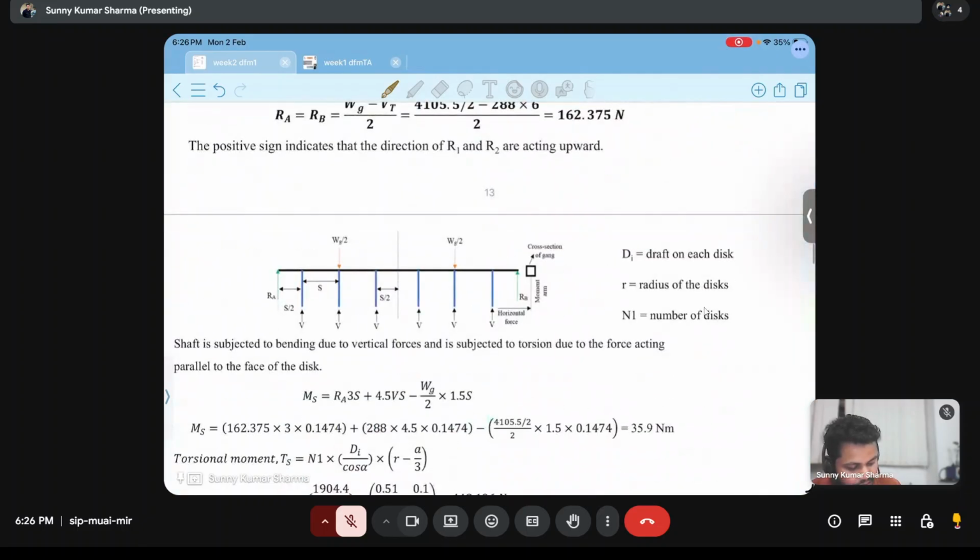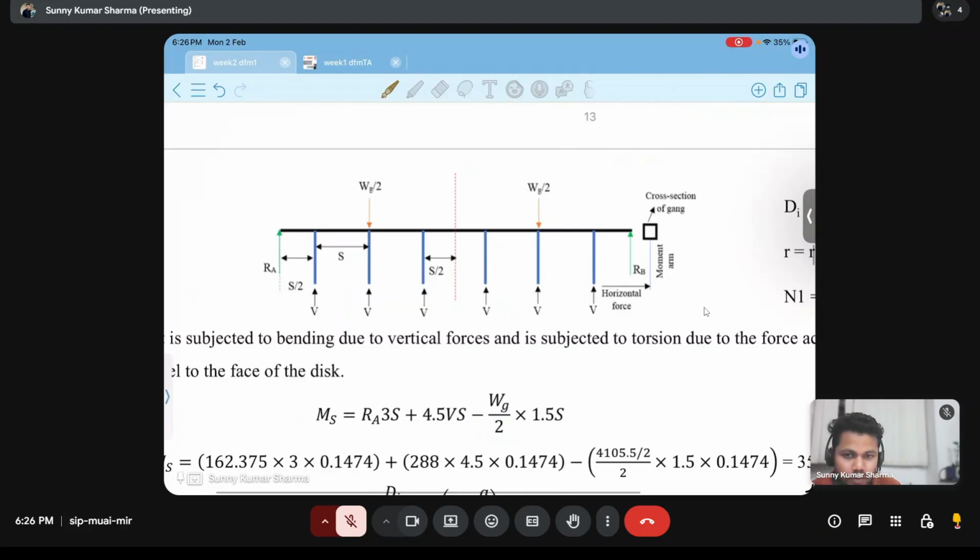Now this figure is very important to understand the design. This is the normal reaction force acting on one gang on each end, and these are the vertical forces acting on each disc. We will denote it as V, but the V value we have already calculated. S is the spacing between two discs. We multiply the spacing S with 6, but we have only 5 spacings here: 1, 2, 3, 4, 5.